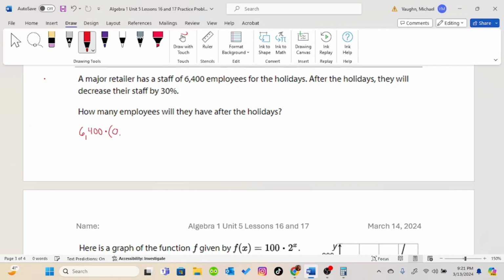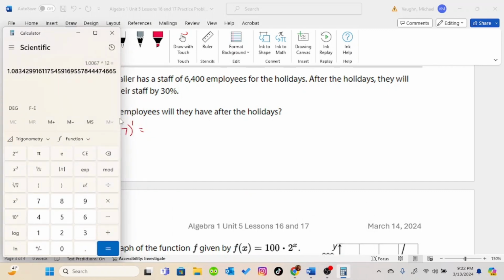So that's 0.7. And then the exponent is just 1. They're only doing this once. So now anything to the first power is itself. We can multiply 6,400 times 0.7, and we get 4,480 employees.